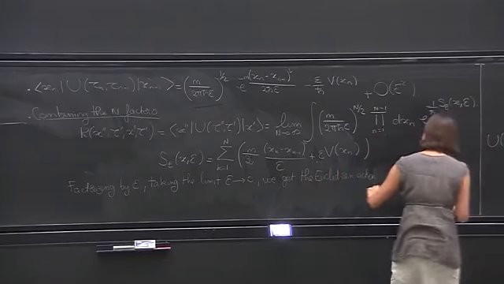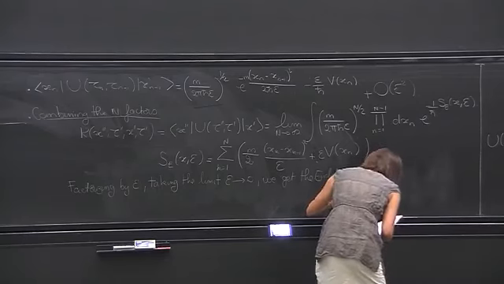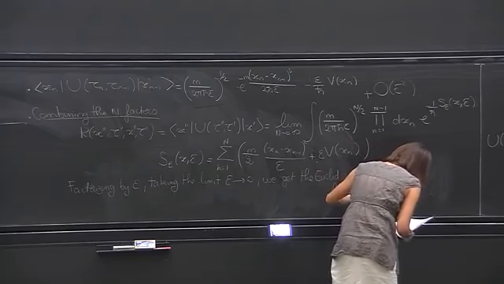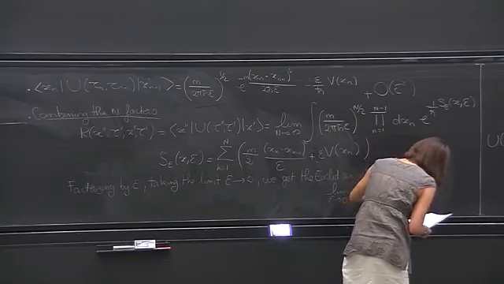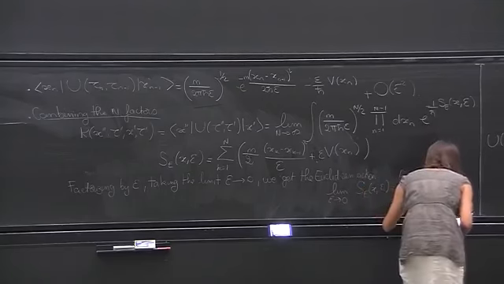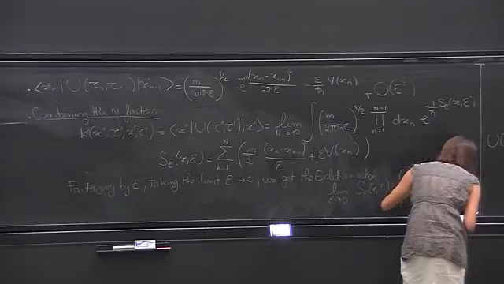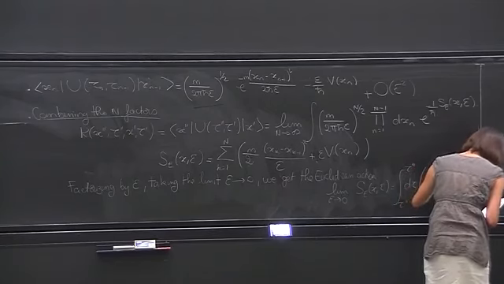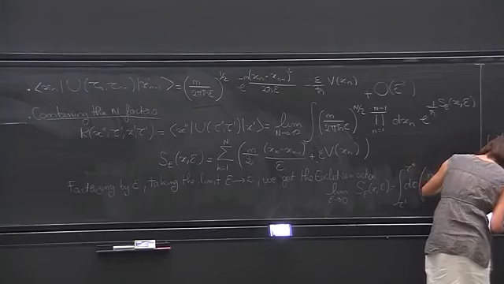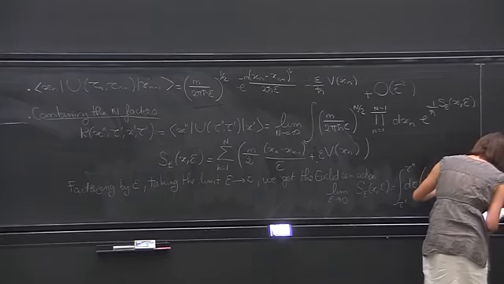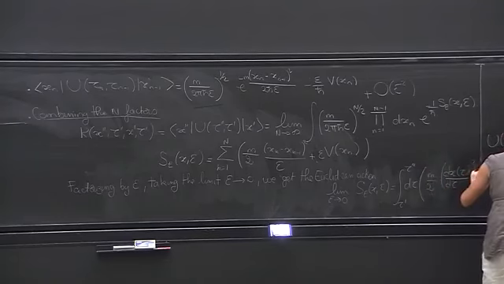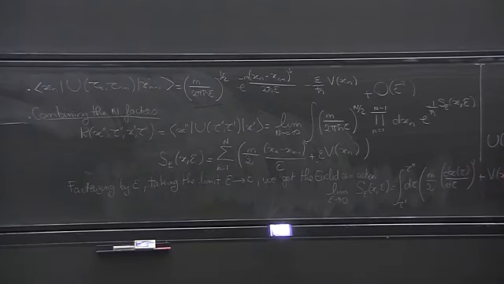Where now from x prime, where square plus v of x of tau.